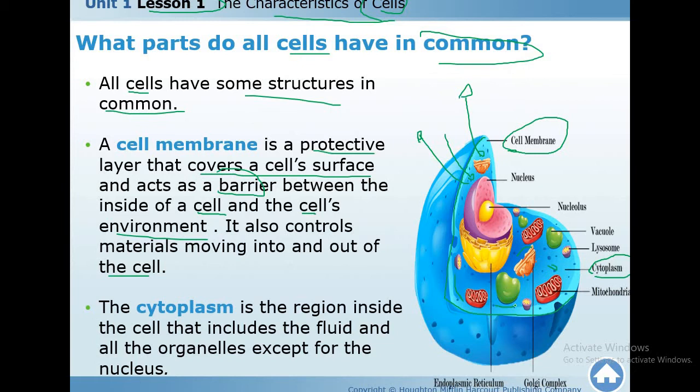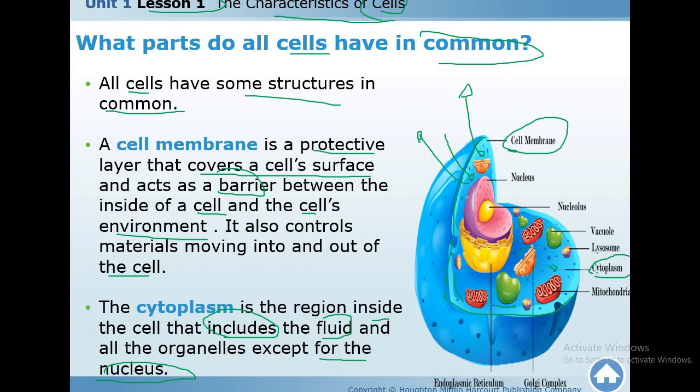It is the region inside the cell that includes the fluid that carries all the organelles inside the cell, except the nucleus.